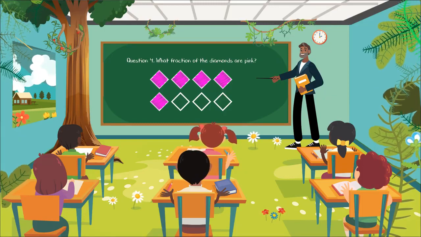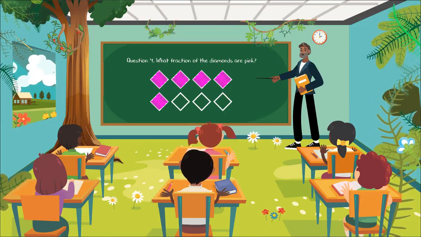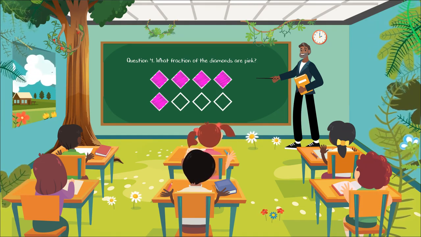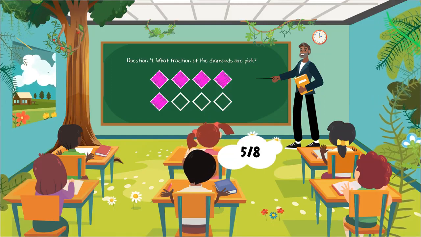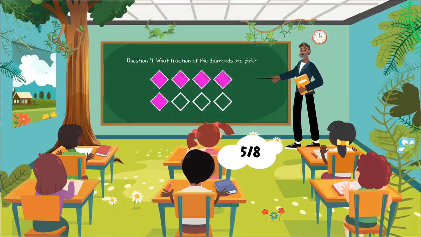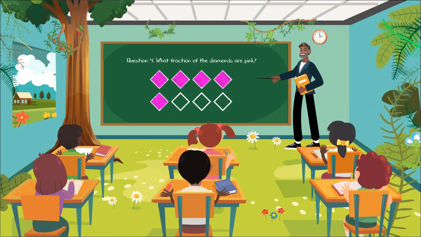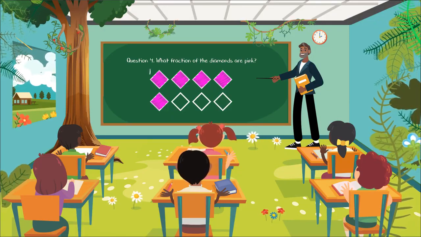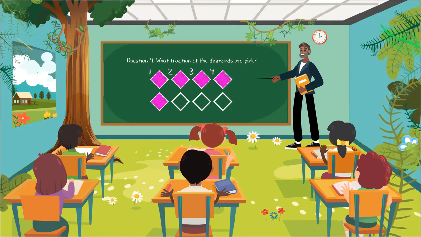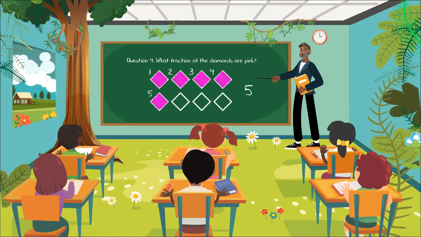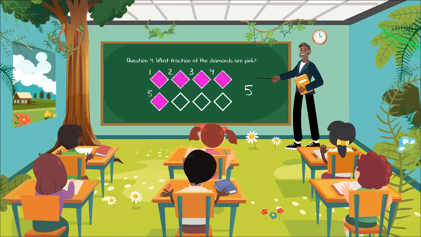What fraction of the diamonds are pink? First, find out how many diamonds are shaded, and how many in all. So my fraction is 5/8. Excellent job. Let's count the number of diamonds shaded. 1, 2, 3, 4, 5. 5 is my numerator, the top number, or the top part of the fraction.